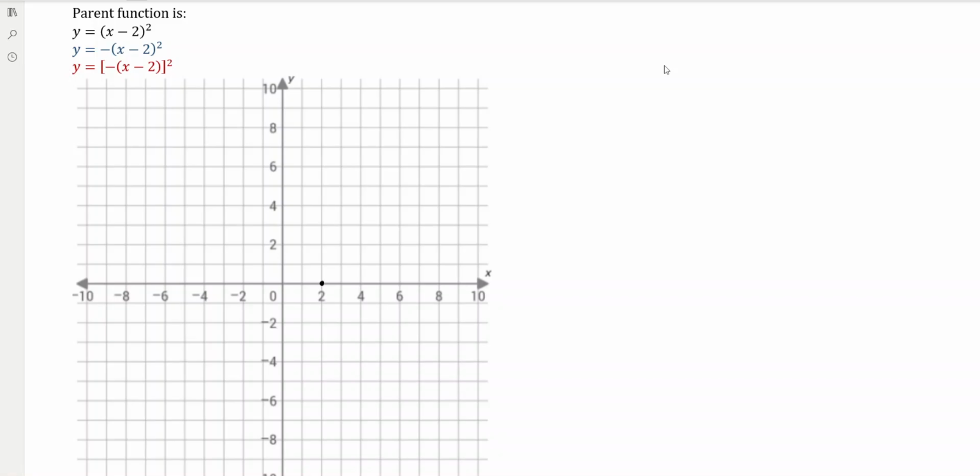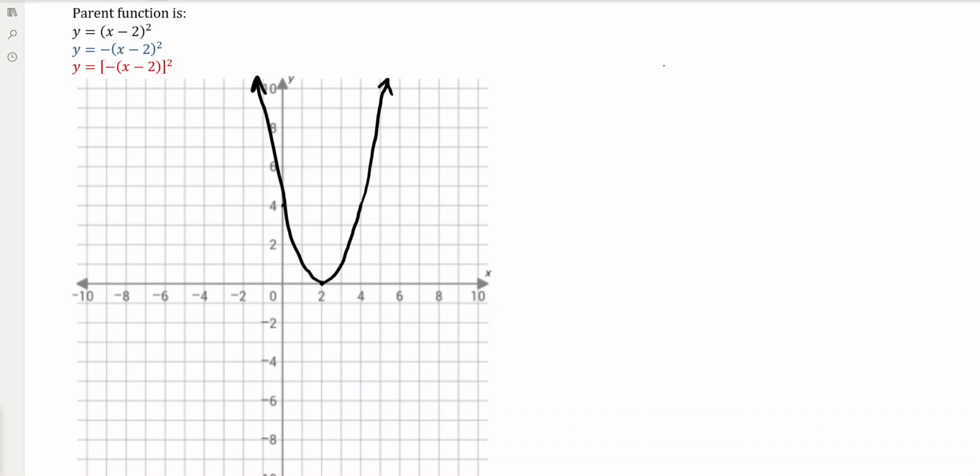So this is going to go to here, go to here, go to here, go to here. Okay, so the graph is going to look something like this. Roughly. That's the parent function.